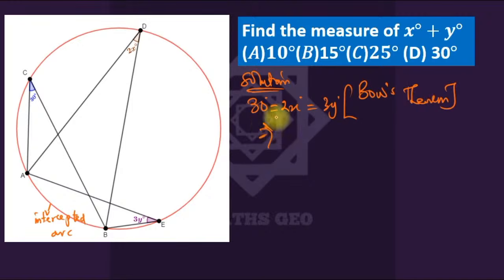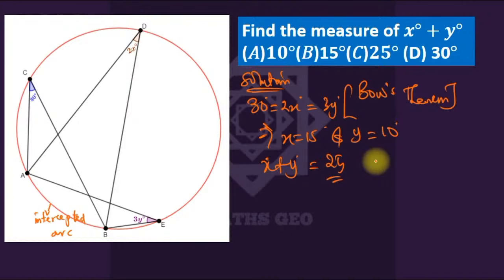Therefore x will be 15 degrees and y will be 10. That's equating 30 to 2x, x is 15, 30 to 3y, y is 10. Therefore, x plus y degrees is now 25, which is option C. So it's simple. Let's solve another one.